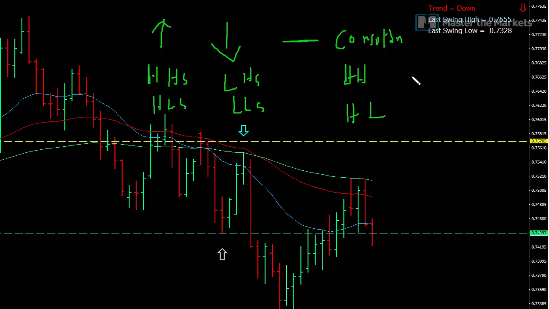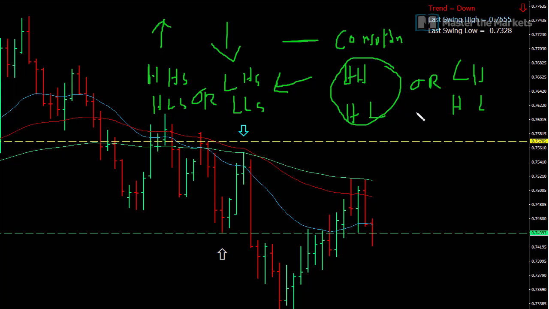It can be any of these combinations, but it doesn't fit into either of the other two. That's when we say it's a consolidation. So you can have a higher high and a lower low, or a lower high and a higher low. Either one of these would result in a consolidation.